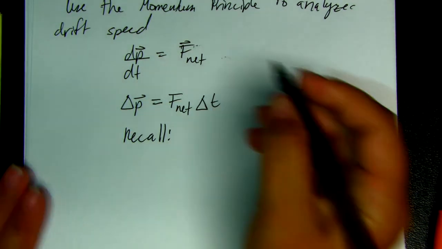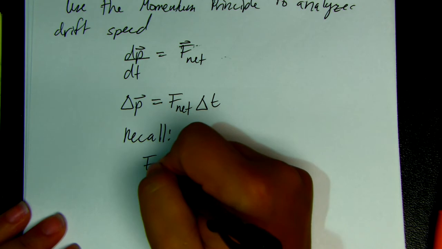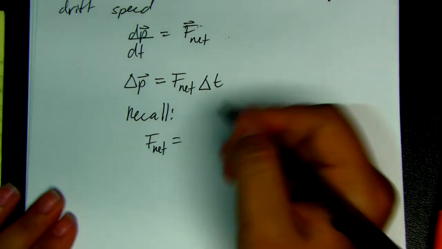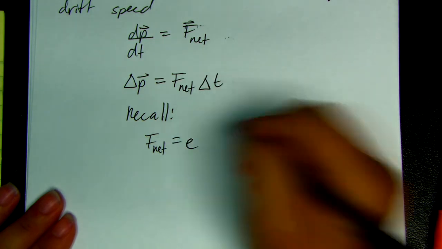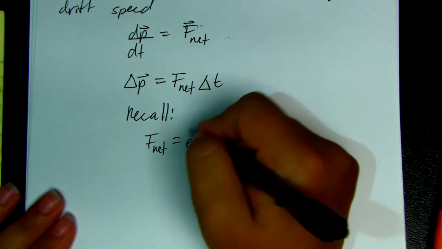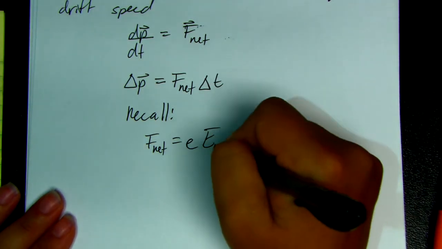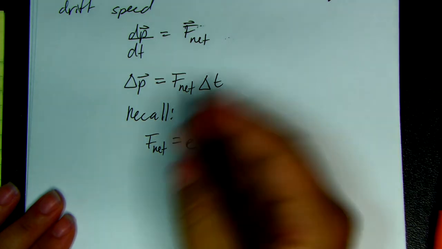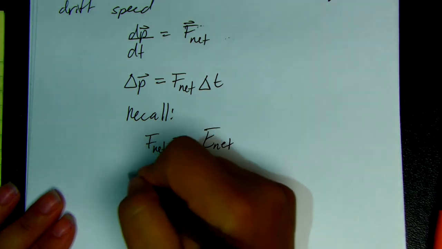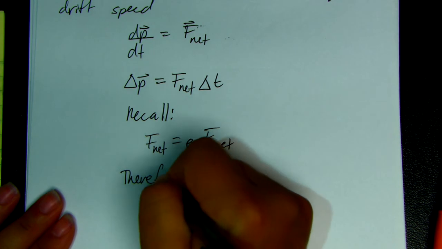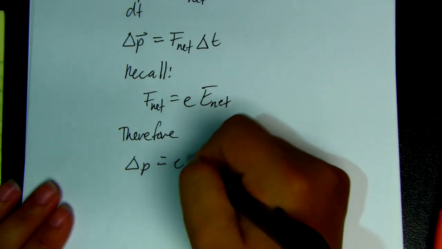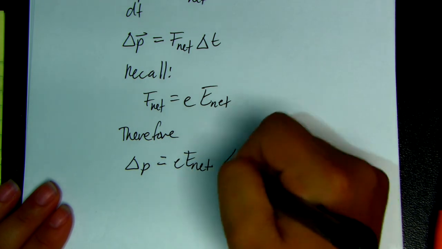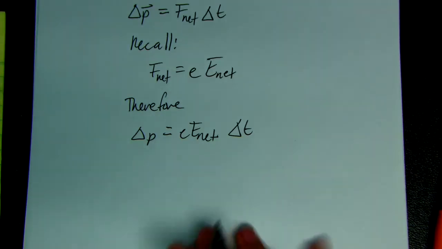And if you recall, for the net force in the case of a charged particle in a field, which is what's happening inside this conductor, we've got the charge of the electron times E net. So therefore, delta p is equal to e times the net field times delta t.